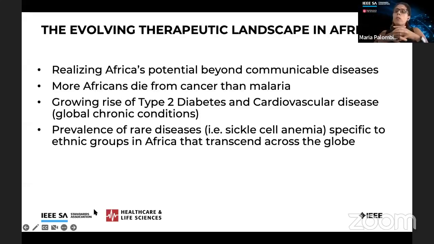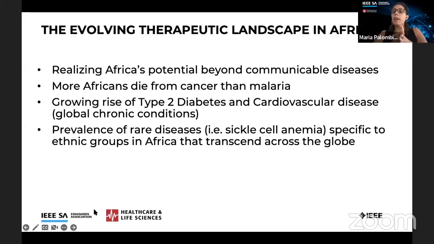We tend to look at Africa and look at developing trials in the areas of communicable diseases, right? So naturally we have COVID-19, we have malaria, we have Ebola. It's just been on and on. And these are all very important and sustainable across not only Africa, but the world. But we also have to look at this changing landscape of patients in Africa that can serve not only the African continent, but overall the development of global therapeutics.